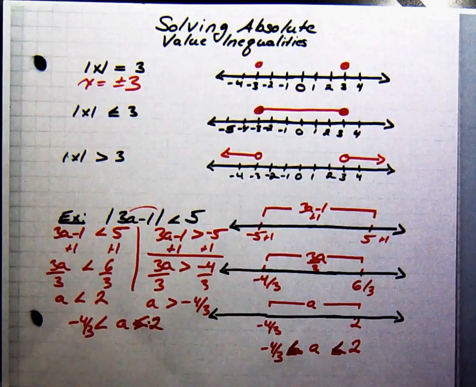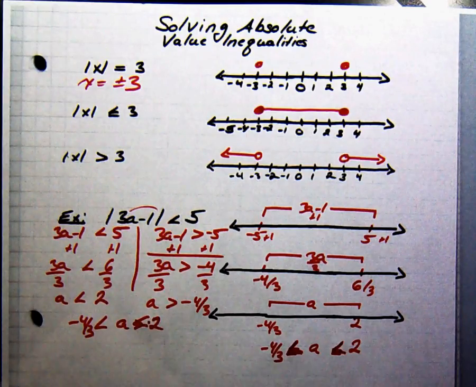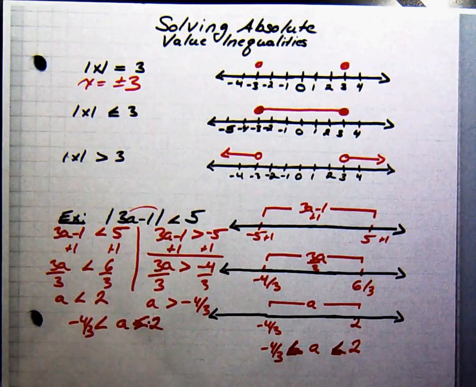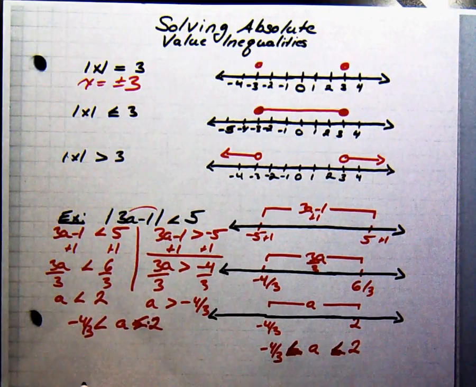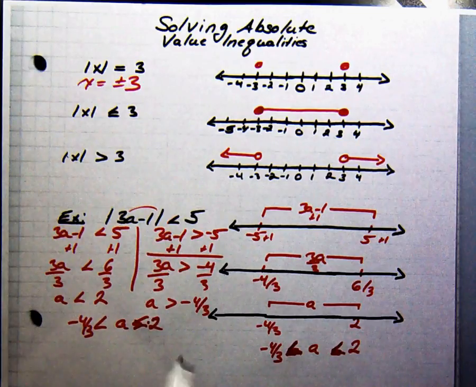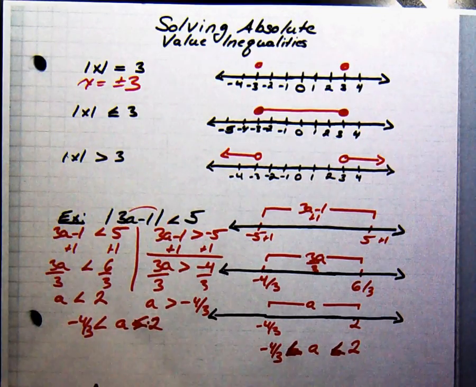Okay. So now let's go ahead and take a look at another type of inequality. Let's take a look at a really complicated one that you think might have to be a lot of work.